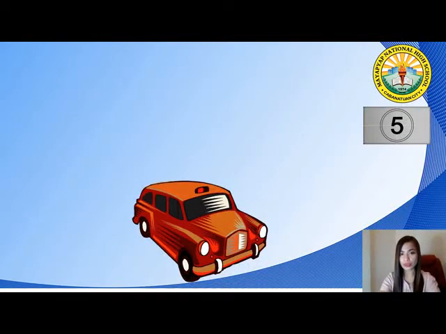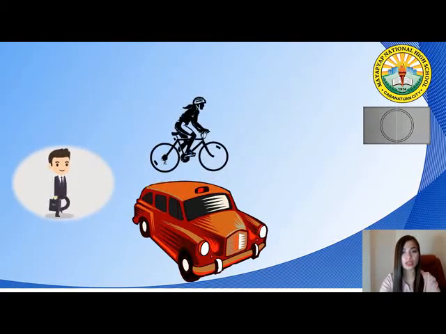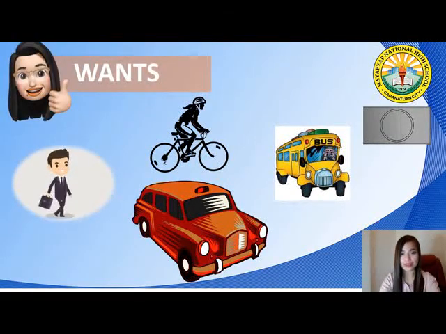Is it something you need or want? Your timer starts now. Well, this may be tough to decide because vehicles do make life easier for others. But you don't need to buy a car immediately because you can walk to your destination, use a bicycle, or commute by bus. So a car is a want.